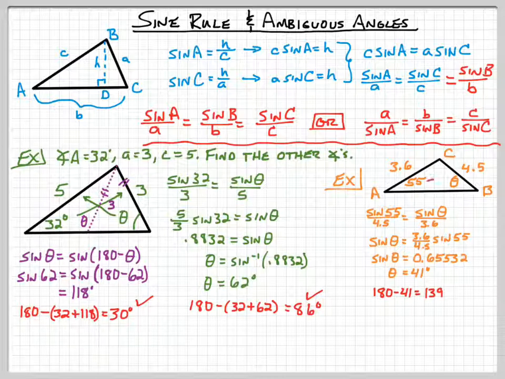So if we combine this with 55, we've got 139 plus 55, that is 194. So that's bigger than the sum of all the angles of a triangle, so this is not an option. So we only have one situation for this, and that is 55 degrees for our one angle and 41 degrees for theta, which leaves us with what, 96?